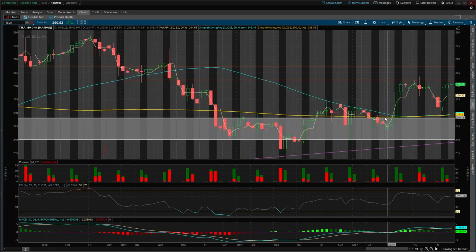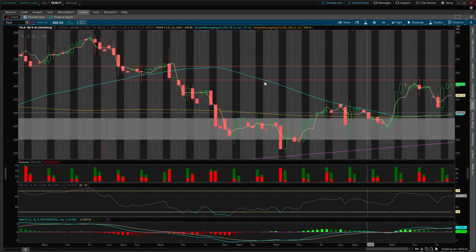Alongside those factors, we can see it's above the SMA. Another thing I'd like to point out is the VWAP. What is the VWAP? The VWAP is the volume weighted average price. As opposed to the SMA, which is the simple moving average based on the price divided by the number of periods, the VWAP is calculated by multiplying the typical price by volume and dividing by the total volume.